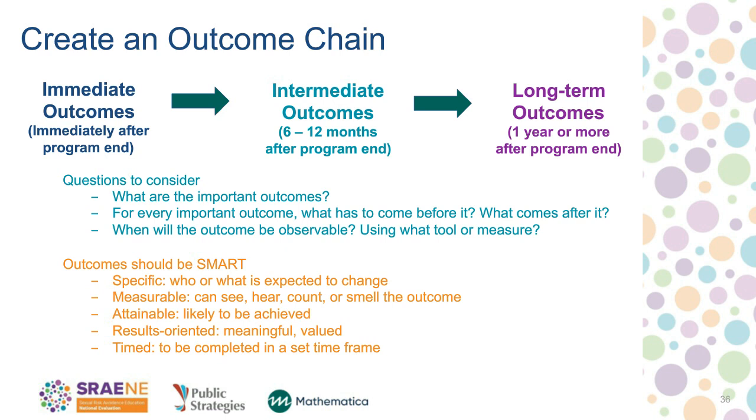They should be results-oriented, which means that the outcomes themselves have meaning and value. And they should be timed, so you should know that they can happen within a set time frame. Now, I'm going to show you an example of an outcome chain, but I want to be very, very clear before I show you the slide that I did not set SMART outcomes.